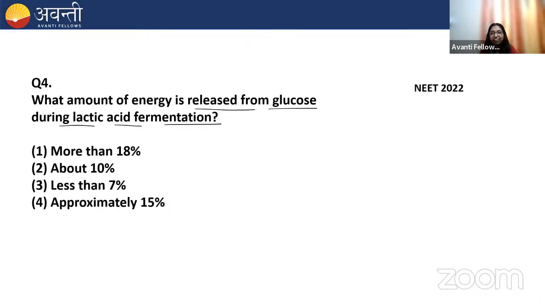In fermentation, very little energy is released, only 2 ATP. So the amount of energy released from glucose during lactic acid fermentation is less than 7%. It's a direct question from NCERT.